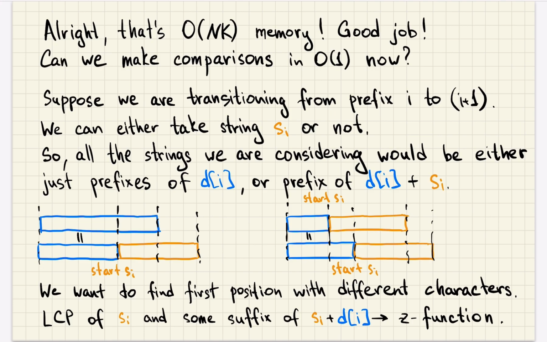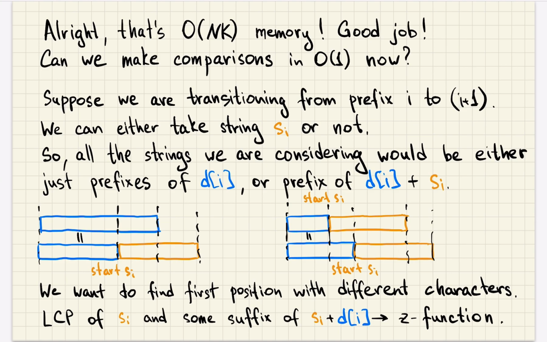So the first different position should be to the right of that place, surely. Finding the first different position is the same as finding the longest common prefix, so how many symbols from the start are the same.